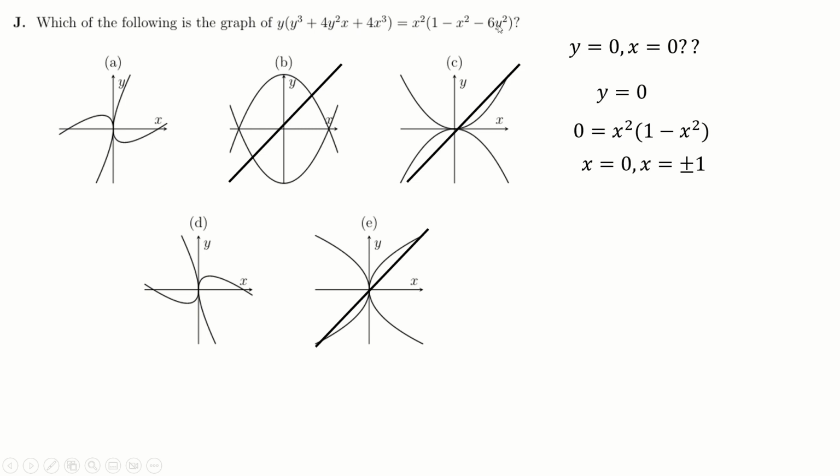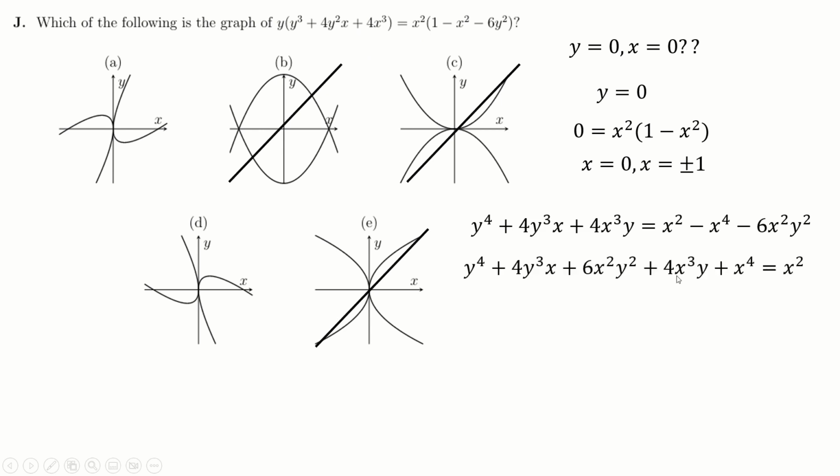If you expand this out and rearrange, you'll end up with a perfect binomial on one side, just moving this thing and this thing over. It's difficult to spot, but if you've got enough time staring at it and trying stuff out, just expanding and collecting is the kind of thing you should get round to after trying a few other things that maybe didn't work so well. Anyway, this perfectly factorizes to y plus x to the power 4.